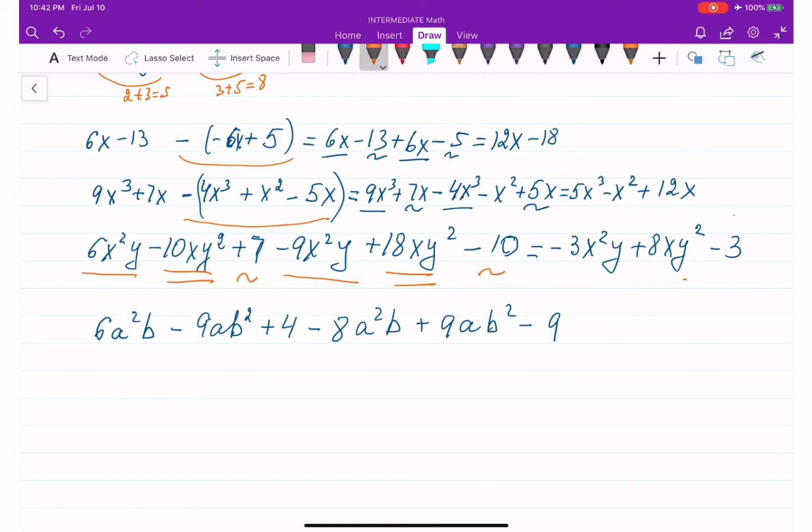So a squared b, a squared b, ab squared, plus 4 minus 9.